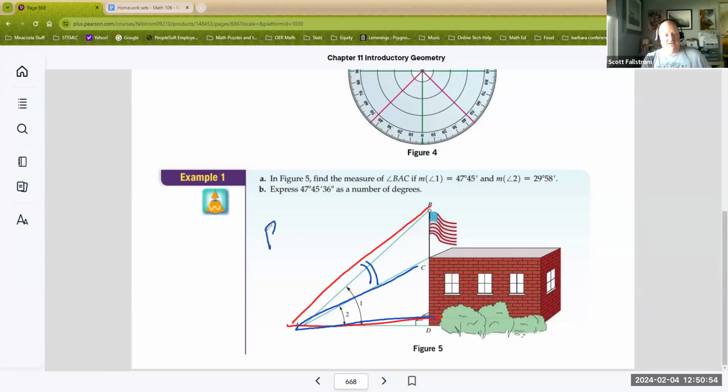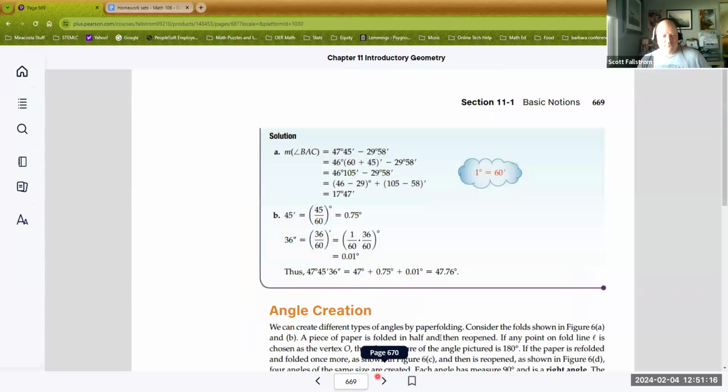It's big minus small, and that's going to be your missing piece. So you're going to be starting to do things like take the big angle and subtract the smaller. But don't worry, it's base 60, so you've got degrees, minutes, seconds, not a problem. I already did one of those, so I'm not going to do another one.